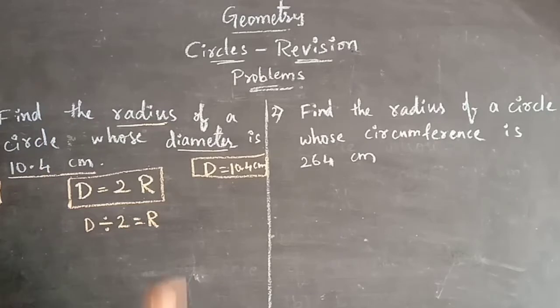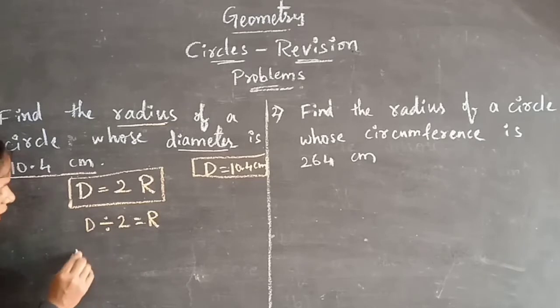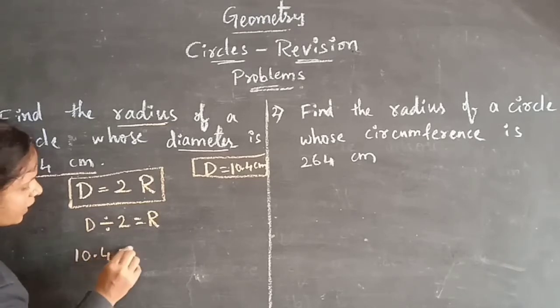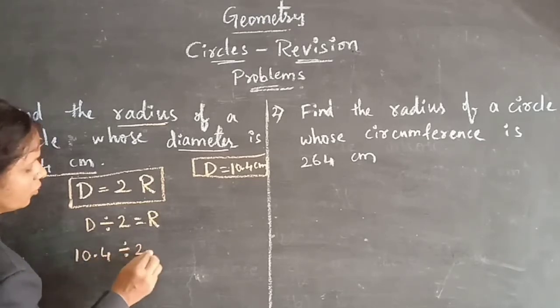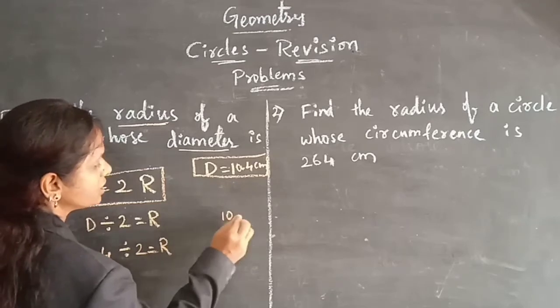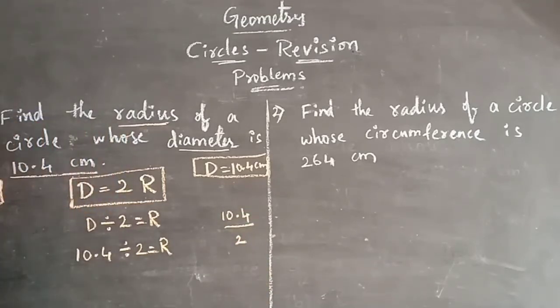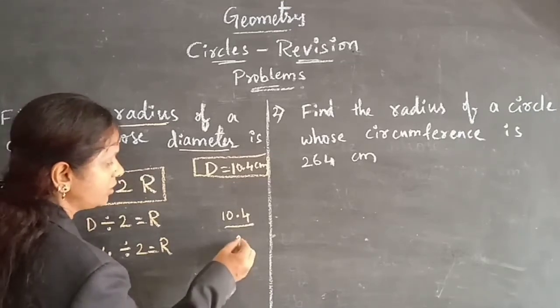Why am I shifting? Because I need to find the radius value. So here I substitute the diameter value in this formula: 10.4 divided by 2 is equal to radius. So 10.4 you need to divide by 2. Divided is nothing but a fraction, and you can do the cancellations also.